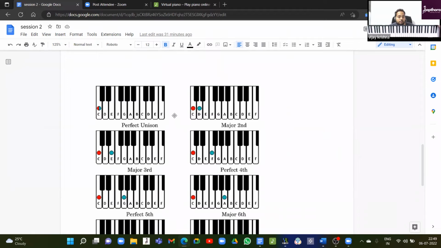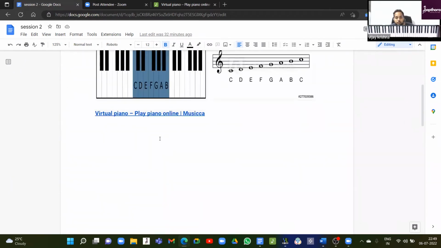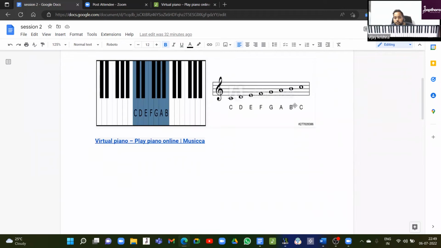So the intervals, till now we have learned the C major scale here on the top, the alphabets present in the C major scale. So this we need to count as numbers. So the C will become the 1 and D is 2, E is number 3, and F is 4, G is 5, and A is 6, B is 7, and C is 8.